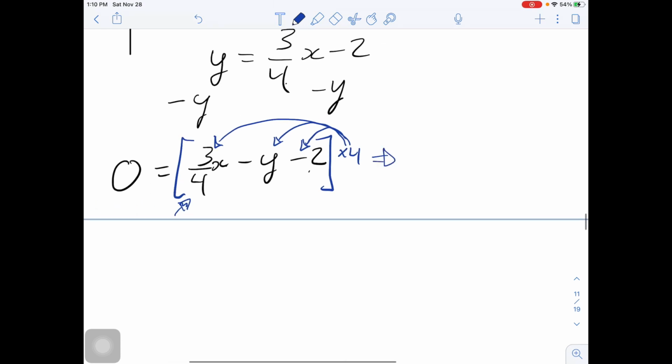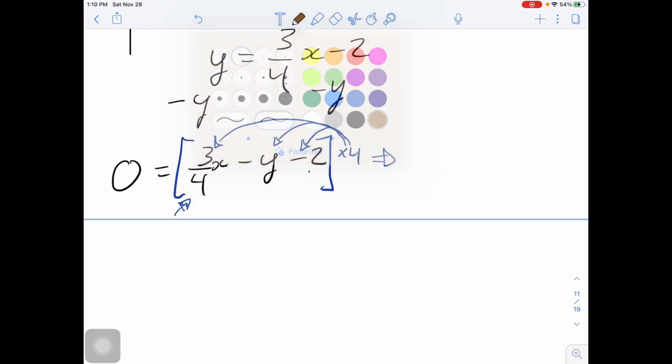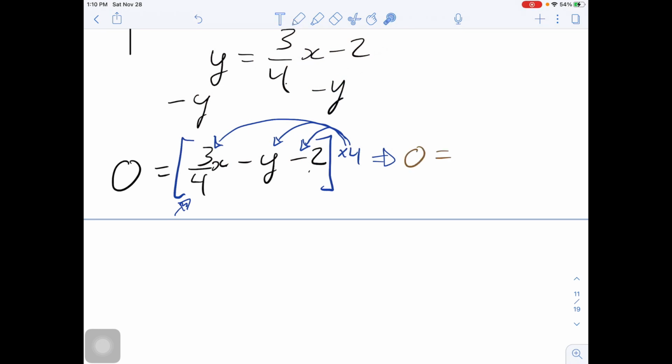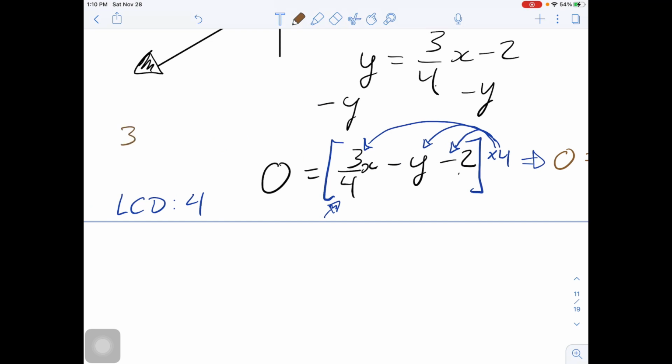So what that is going to turn into is 0 equals, now 4 times 3 over 4. Hopefully we know how to multiply fractions with whole numbers. The 4 just multiplies by the top number, because remember, when you're multiplying fractions, you multiply the top number by the top number and the bottom number by the bottom number.